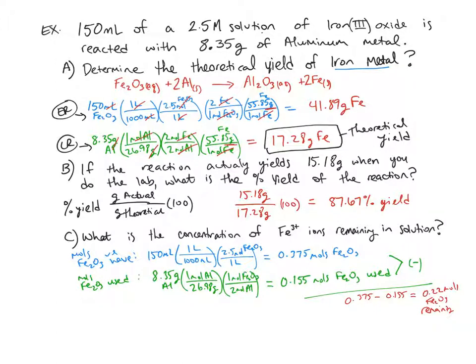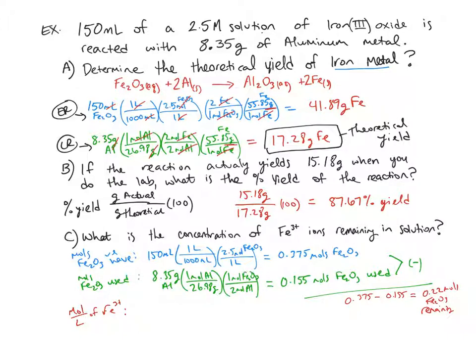But again, we want the concentration of iron ion within that. So now we're going to do our final calculation, moles per liter of iron ion. We'll start with our 0.22 moles that we have remaining. That's all the work we just did.